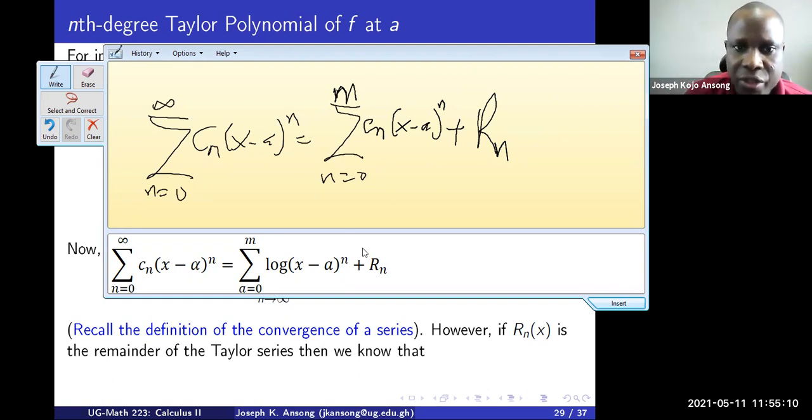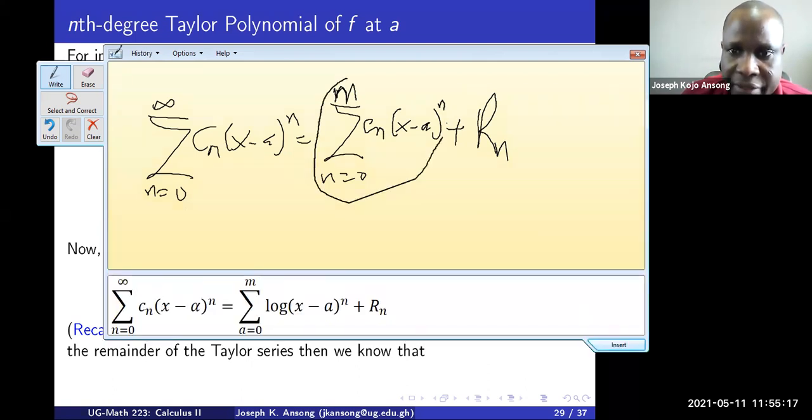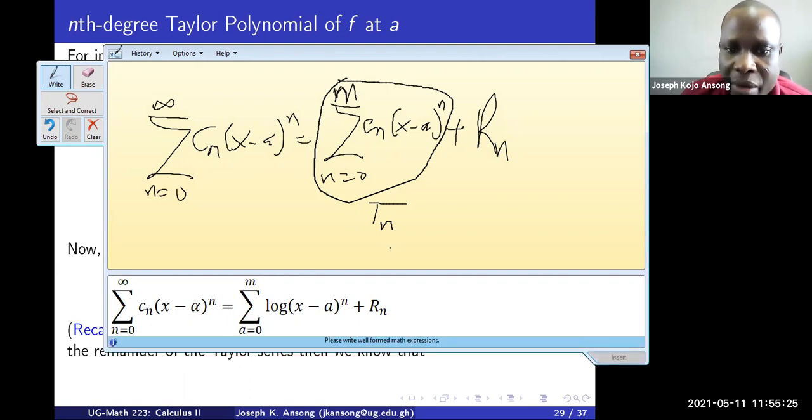Okay, good. So now if I find a limit as n goes to infinity, this guy now is the partial sum. This is like our Tn that I talked about. So remember we said that to be able to prove that the series converges to a function, the limit as n goes to infinity of this partial sum must go to f.